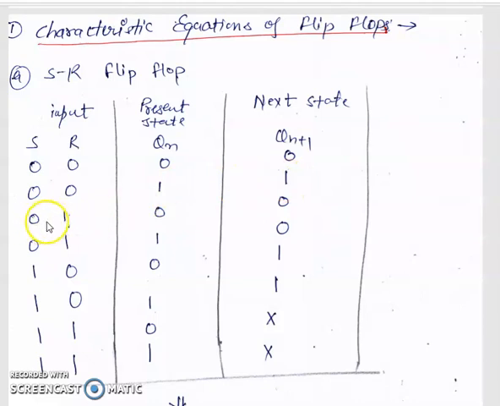Next case, R equal to 1. R equal to 1 means reset, and whenever the flip-flop is reset, the output always stores 0. So here both conditions have 0.